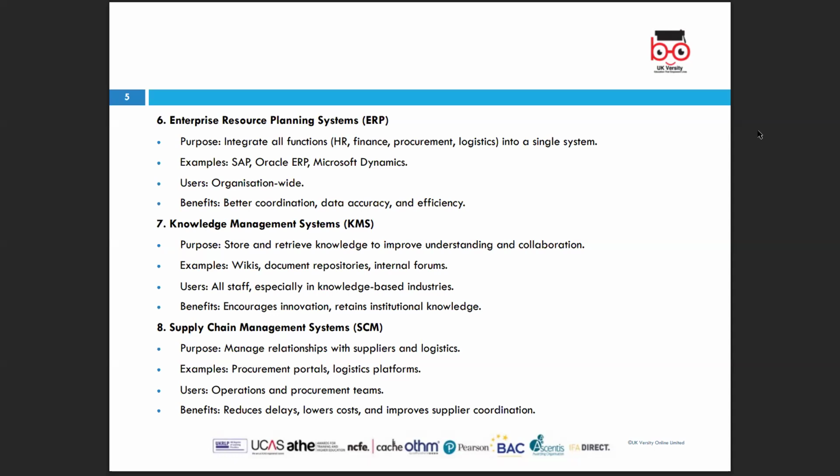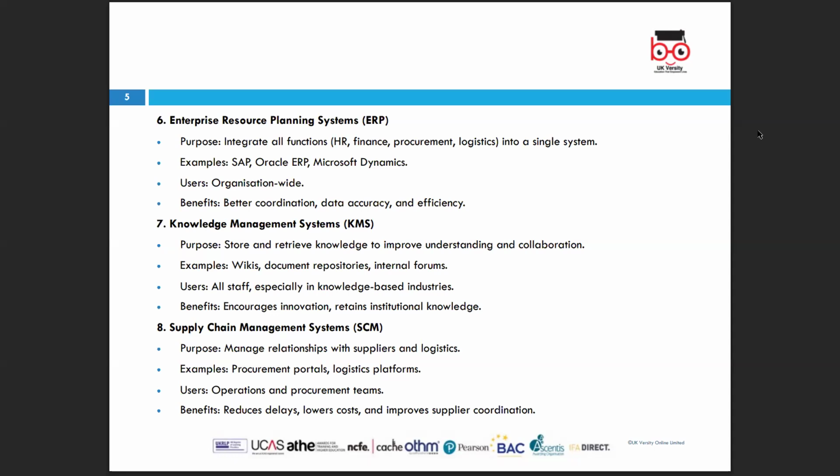Who are the users involved? It's basically all the staff, especially in knowledge-based industries. And the benefit of using this technology is basically to encourage innovation and retain institutional knowledge.